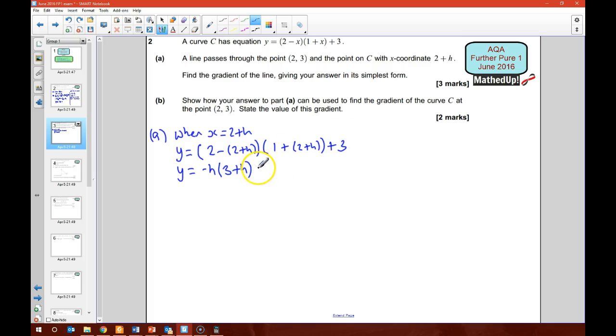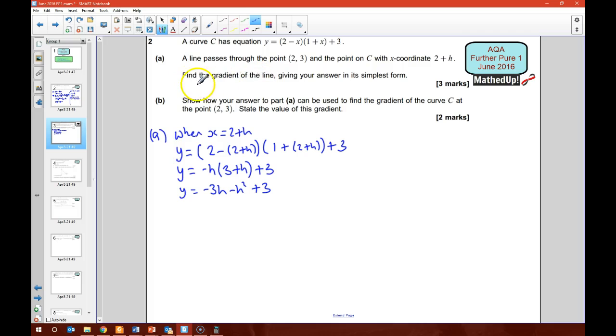And then we've got this plus 3. So that tells me that y is going to be equal to negative 3h take away h squared plus 3.